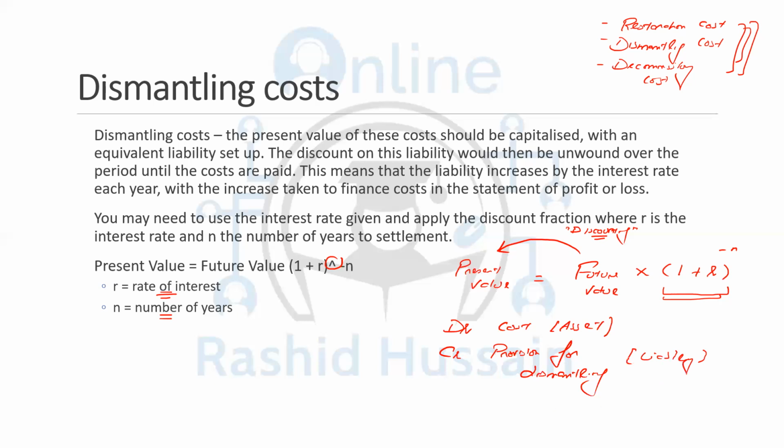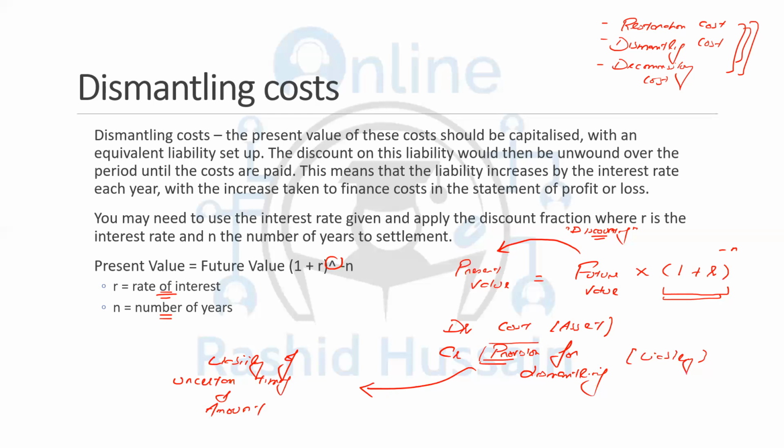Now, why am I not writing it directly as a liability, why am I calling it a provision for dismantling? Provision is defined as a liability of uncertain timing and amount.